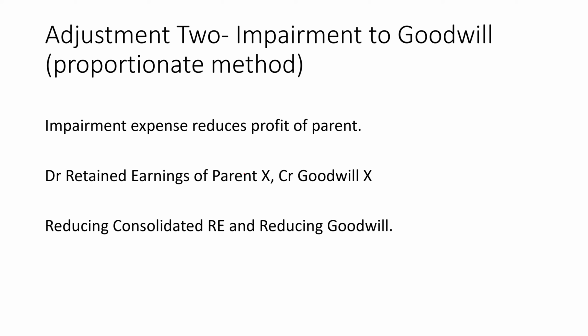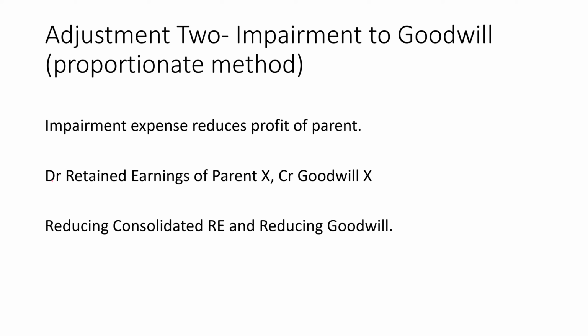The next adjustment I thought would be easy to go through is the impairment to goodwill. And under the proportionate method, it's fairly straightforward. So when you're impairing goodwill, you're recognizing an additional expense. And we must make sure that any additional expenses we're recording, we allocate to the correct retained earnings. So you can either allocate to the retained earnings of the parent or the retained earnings of a particular subsidiary. And the reason I say that's important is because that impacts later calculations.